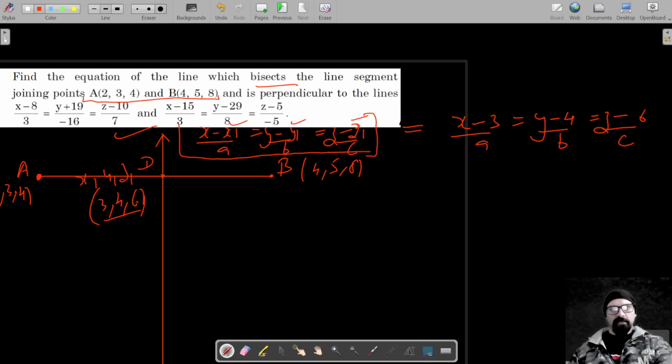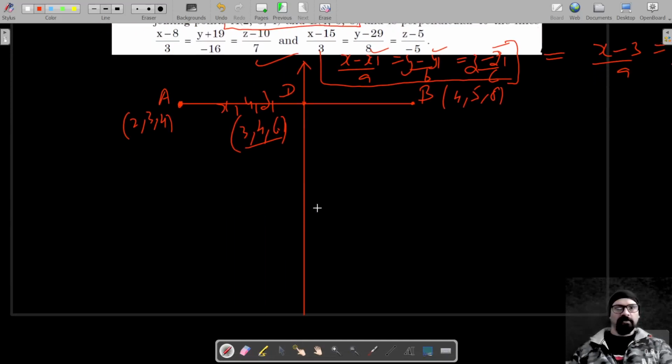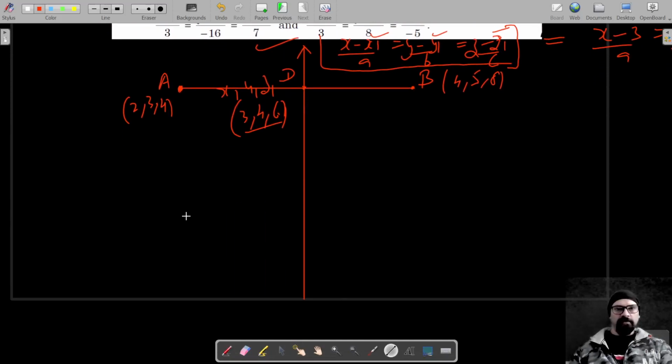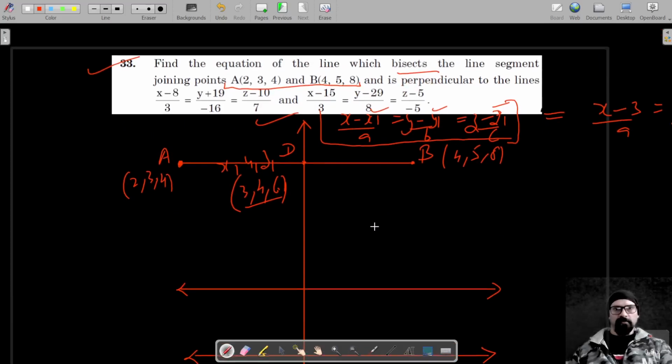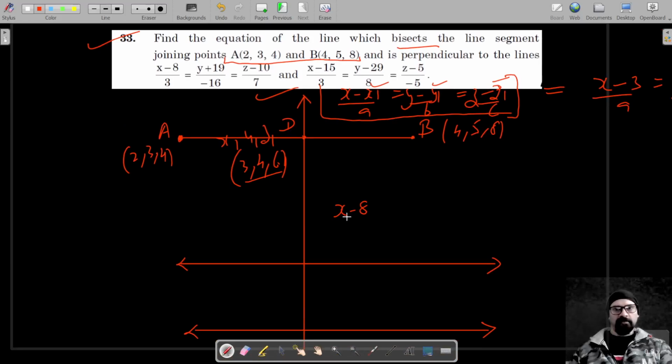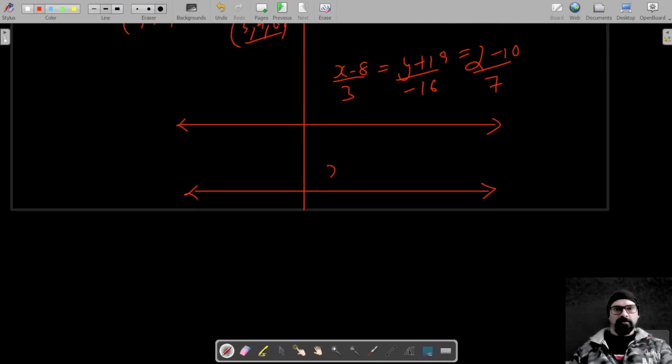For that, there are two more conditions given: this line is perpendicular to two more lines, and the equations of these two lines are given. The first line is (x - 8)/3 = (y + 19)/(-16) = (z - 10)/7.